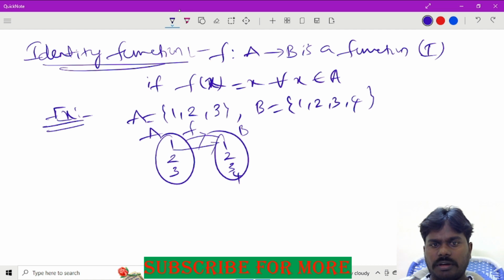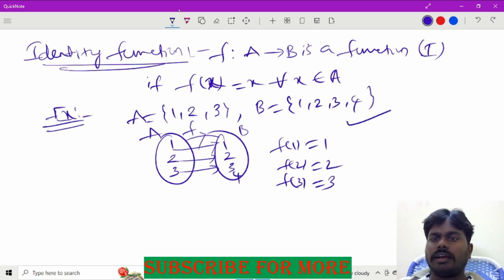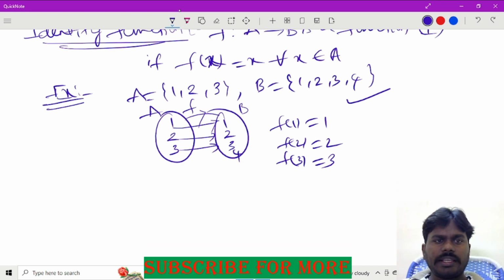Now I am mapping 1 with 1, 2 with 2, and 3 with 3. So f(1) equals 1, the image of 2 through the function f is 2, and the image of the element 3 is 3. So this is an example of an identity function. Okay, next, constant function.